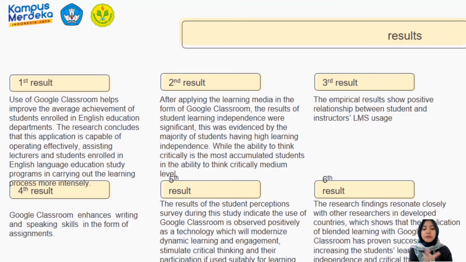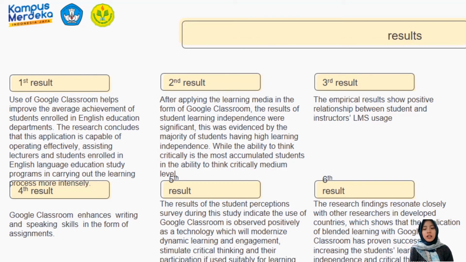Because this method is a survey, we only observe what happens during the classroom, and then the result is that the teacher can know and can stimulate critical thinking by students in using Google Classroom.